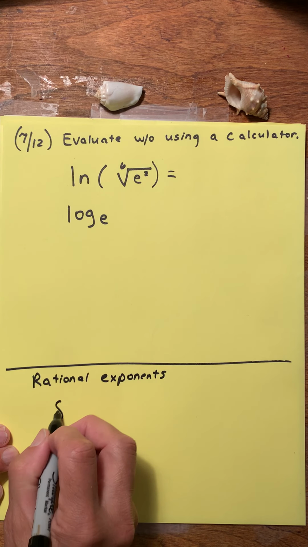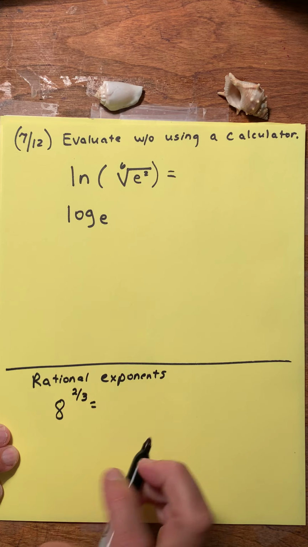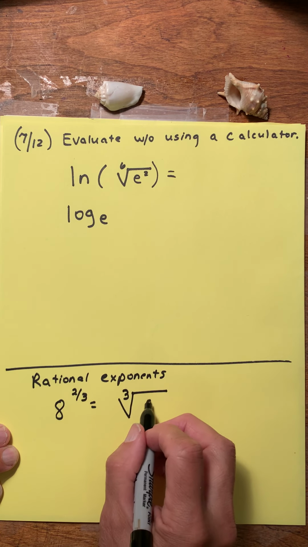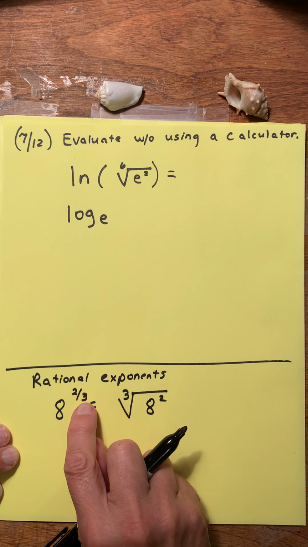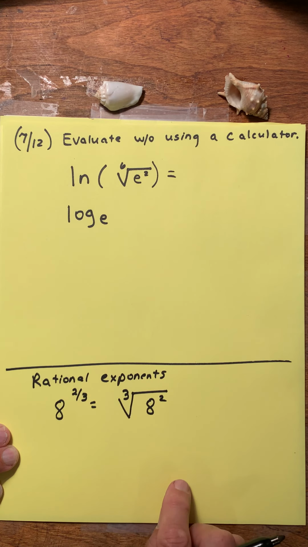We looked at the concept of 8 to the 2/3 power. That basically means the cube root of 8 squared. The denominator is the index, the numerator is the exponent.